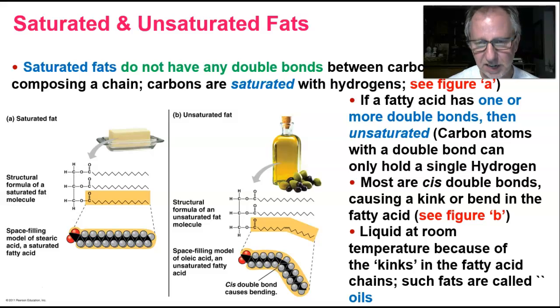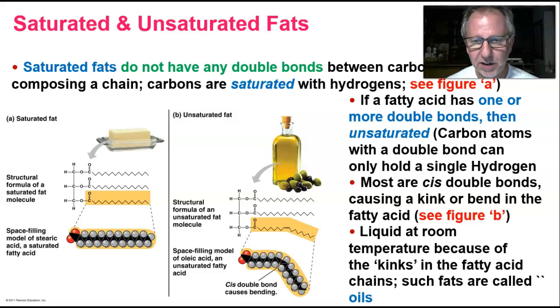So unsaturated fats, the reason why they're called unsaturated is because if there's two covalent bonds between two carbon atoms, each of those carbon atoms can only bond to one hydrogen, not two. So those carbons are not saturated with hydrogen, they are unsaturated. That's why they're called unsaturated fats, because the carbons are not saturated with hydrogens.